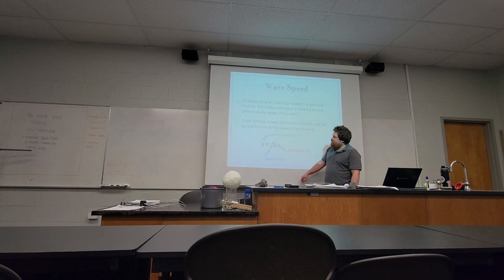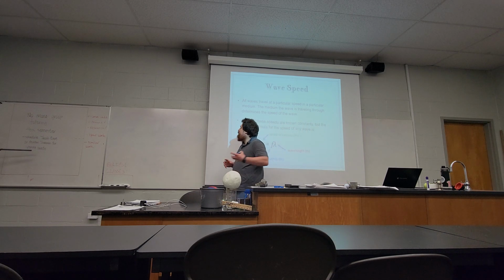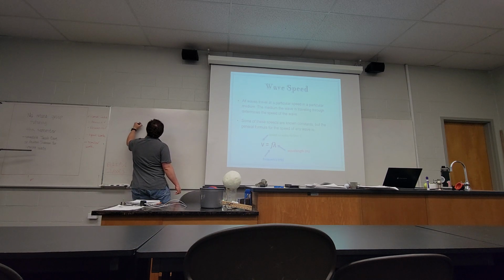Wave speed is equal to the frequency of the wave times the wavelength of the wave. This is secretly the same as the normal velocity formula we've been using the entire semester. That normal formula is V equals delta x over time.